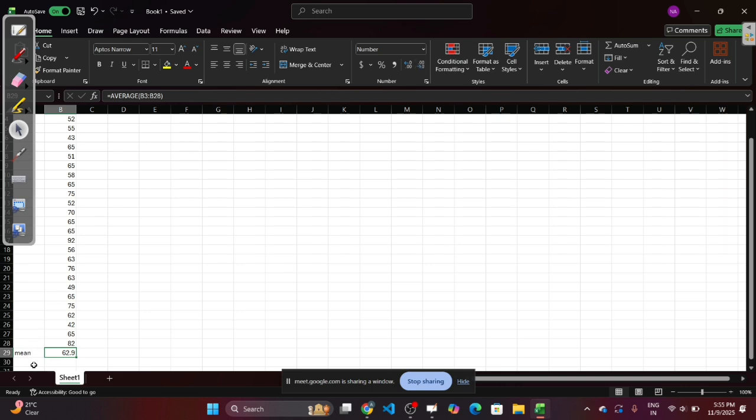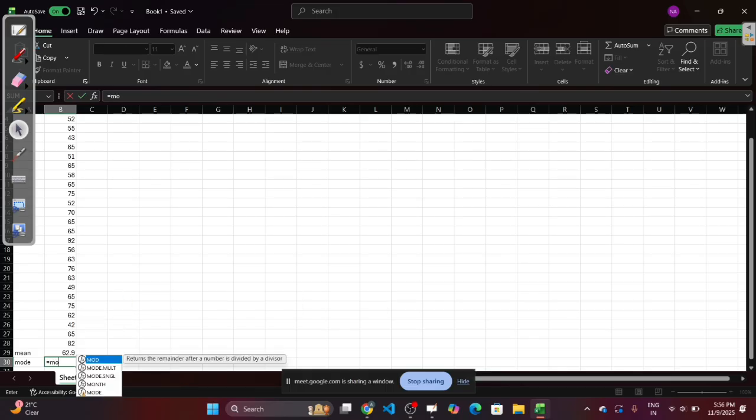Right, then we need mode. What is mode here? Mode will be the value which repeats the maximum number of times. So how will we write it?